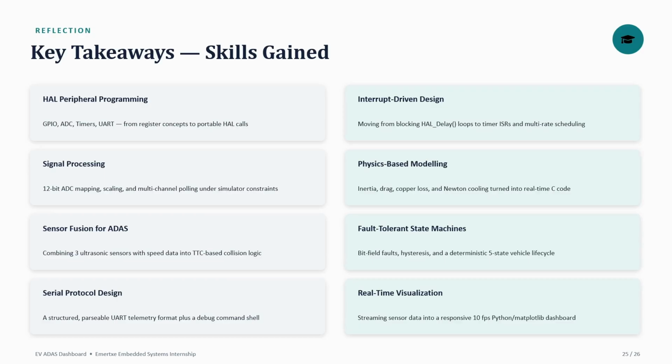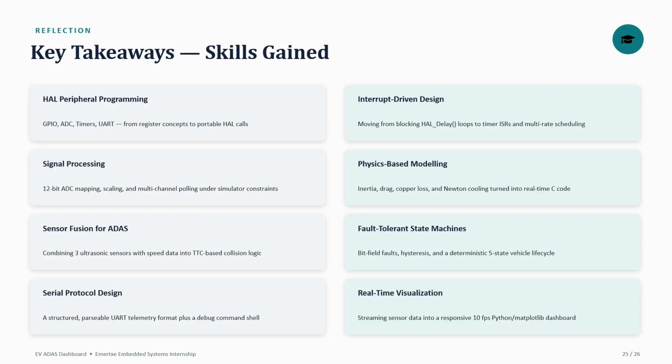Now, this project taught us a lot. We learned how to program hardware peripherals like GPIO, ADC, timers, and UART. We moved from simple relay-based code to interrupt-driven, multi-rate designs.